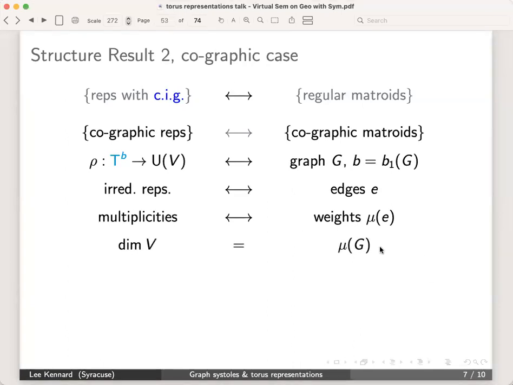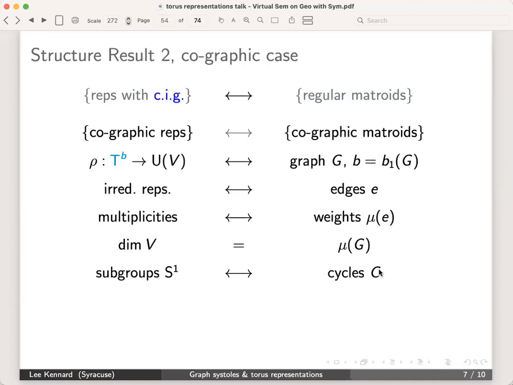All right, so one easy thing to see is if you add up all of those weights, I call that the total length of the graph. That's the dimension of your representation. That was part of the quantity C of rho that we were computing. Now, what else? This I can't explain in 5 minutes, but if you look at circle subgroups of the torus, these correspond, like a choice of a circle is similar to choosing a cycle in the graph.